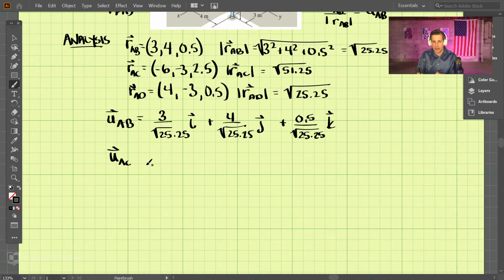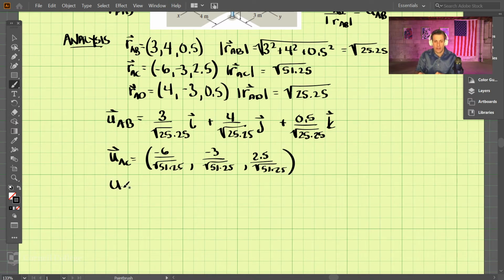I'm not going to write out the I, J, K components here for the next, so we'll have -6 divided by square root of 51.25, and then -3 divided by the square root of 51.25, and then 2.5 divided by the square root of 51.25.